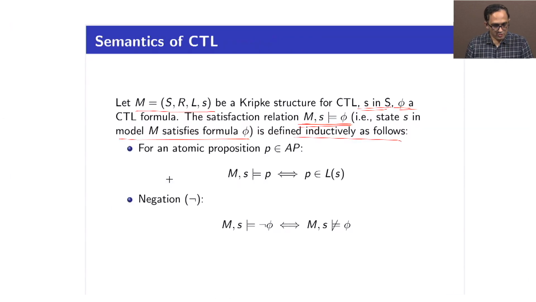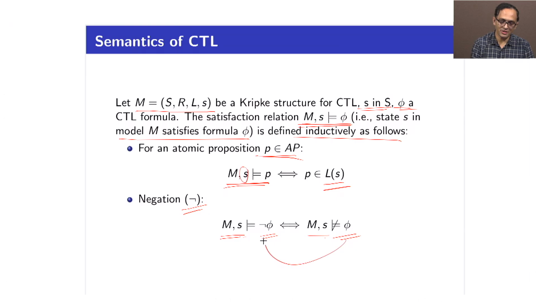Okay. So, if I have atomic proposition P, and I say M, S satisfies P, that means that particular state label should be P, right. So, if the S label is P, then I will say that that particular state satisfies P. This is obvious. And for the negation, I will say that M, S satisfies negation of phi if M, S does not satisfy phi.